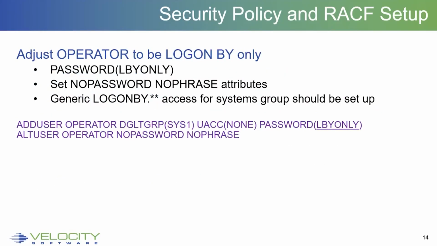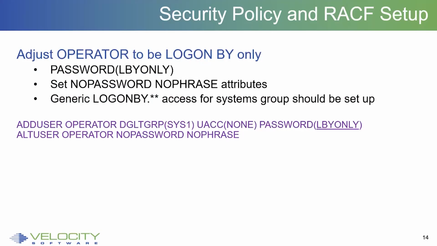Now you also want to focus on adjusting OPERATOR to be accessed by logon by only. In RACF, you'll set its password as LBY only, and then set the no password, no phrase attributes in RACF for OPERATOR. That means nobody can use a password or passphrase to log on to OPERATOR.